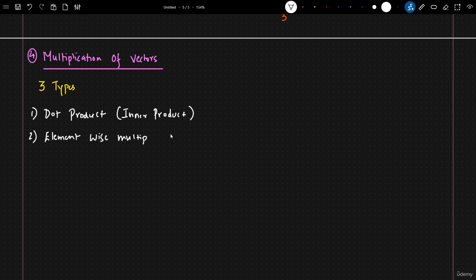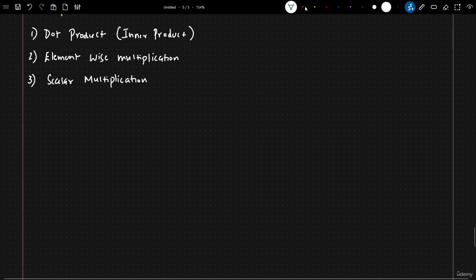And third, coming to something called scalar multiplication. So one by one, we will go ahead with each of these topics and we'll understand them in depth, again considering the coordinate system. Then after that, we'll also be seeing the application part. Okay. So let's go ahead and first of all discuss something called the dot product.